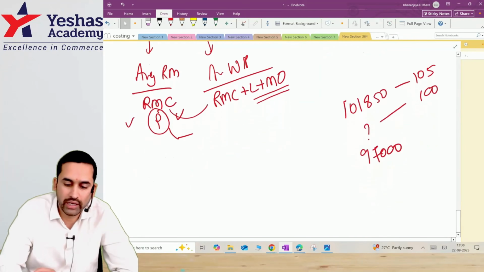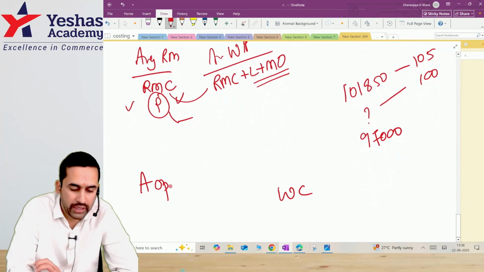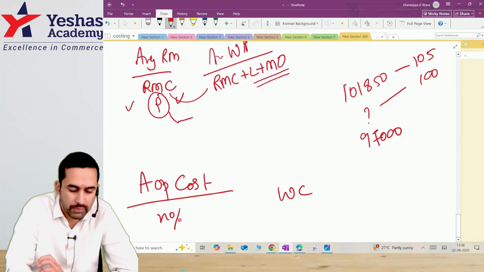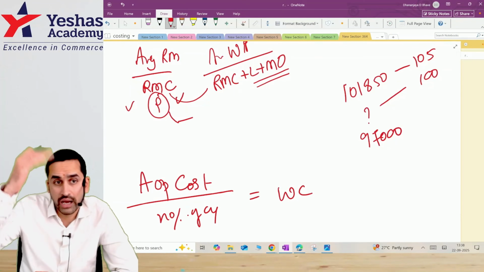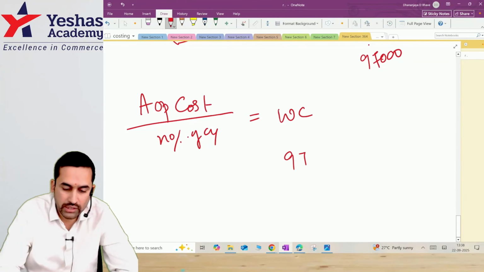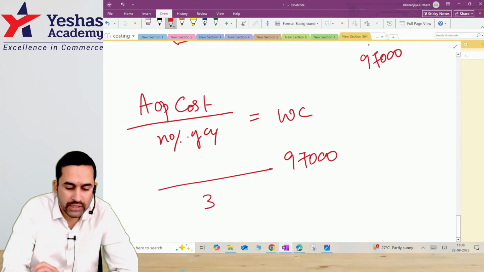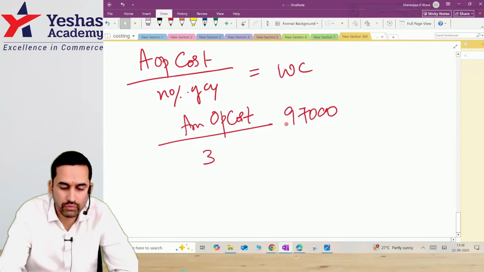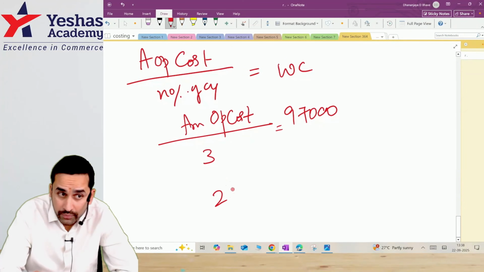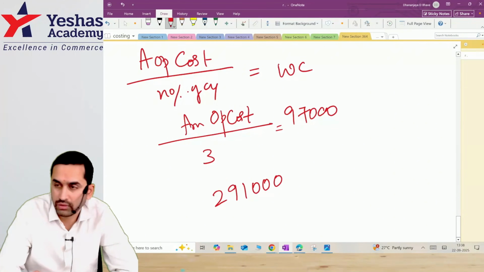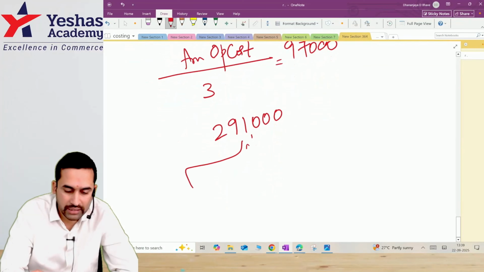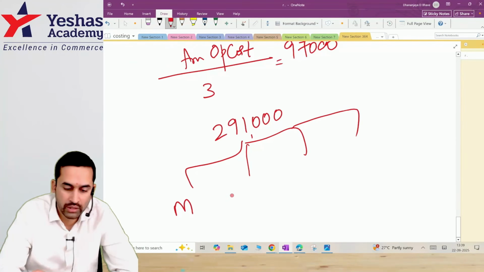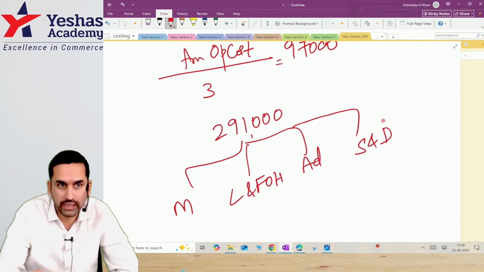97,000. And how do I get working capital? Annual operating cost divided by number of cycles, last formula of this. So if this is to be 97,000 and number of cycles are 3, then I can find out my annual operating cost. Correct? What's the number? 2,91,000. This is my annual cost. In this, some should be material, some should be labor and factory overhead, some should be office admin, some should be selling and distribution.